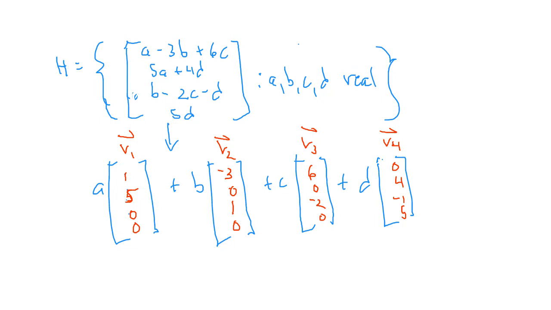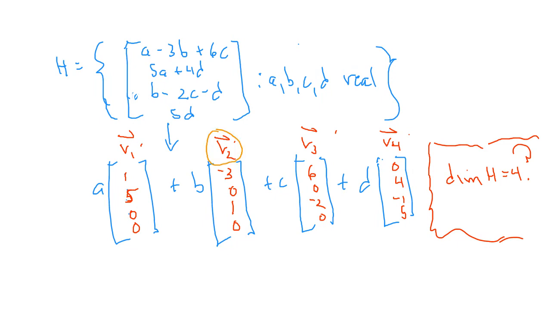Now, can we say that the dimension of H equals 4? Can we just say that? Meaning that the vectors V1, V2, V3, and V4 form a basis for our subspace H? Take a look at V2 and compare it to V3. What do you notice about V2 and V3?